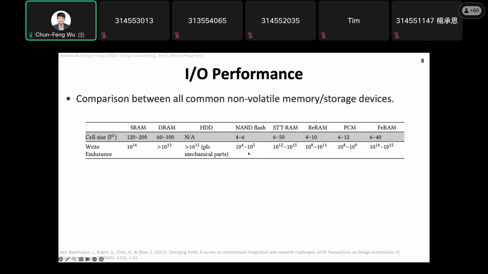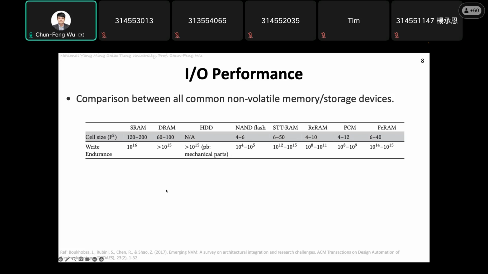And if you get a larger capacity NAND flash, for example with TLC or QLC, the cheaper NAND flash usually has lower endurance. So it can only endure the system writing about 10 to the 4 of the amount of data to the NAND flash.